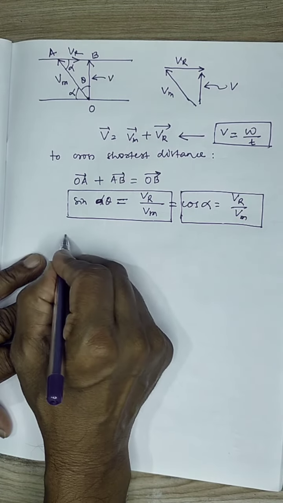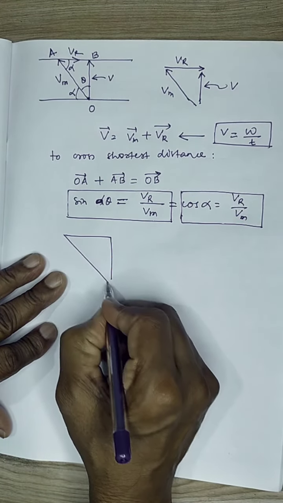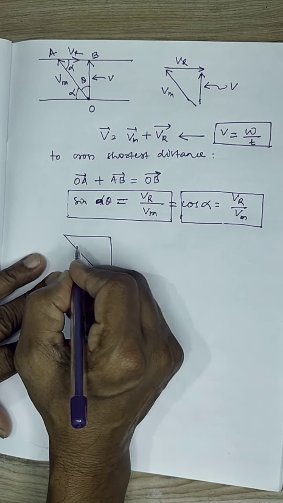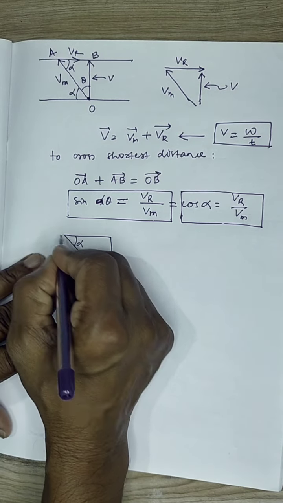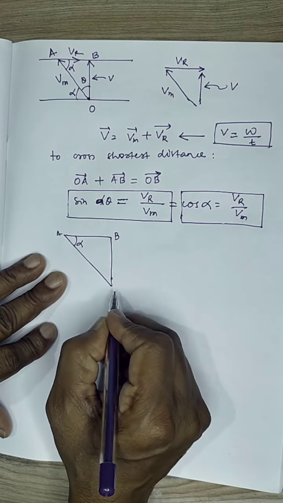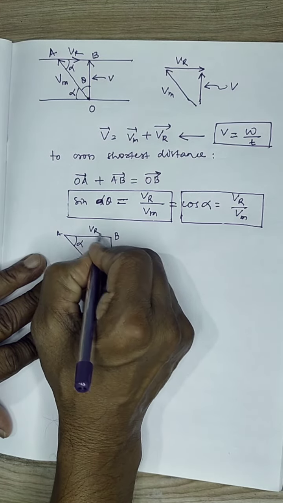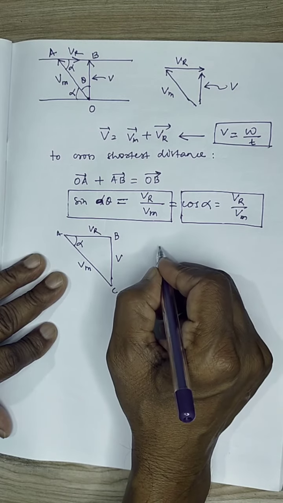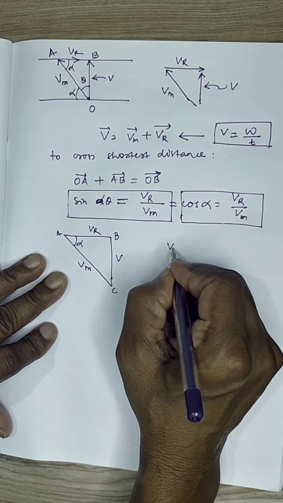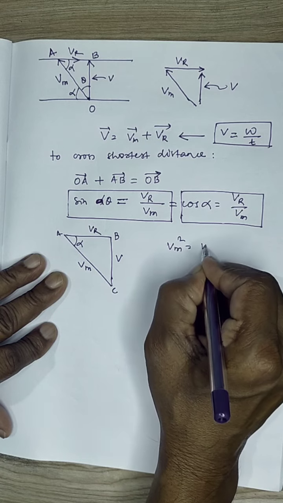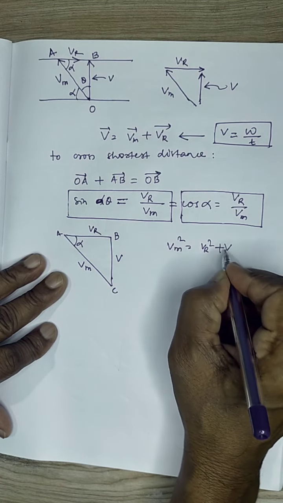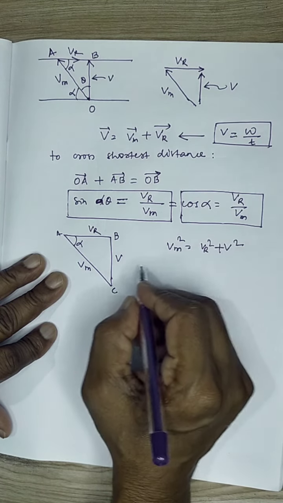Considering the right angle triangle, this is A, this is B, this is O, this is Vm, and this is Vr, this is V. Vm square is equal to Vr square plus V square.